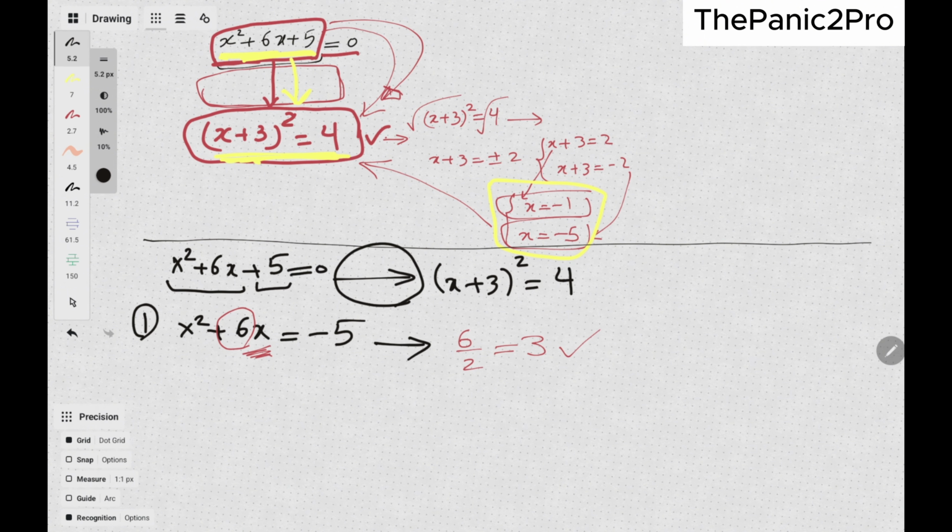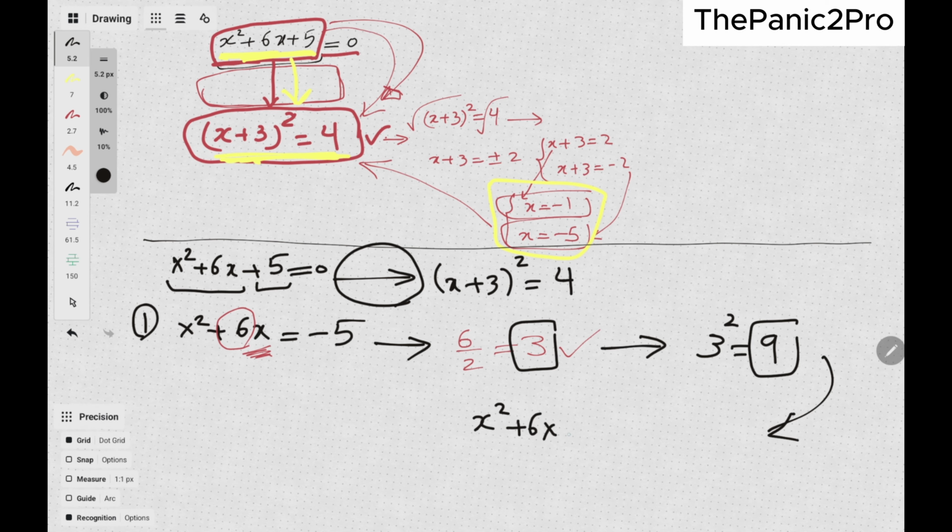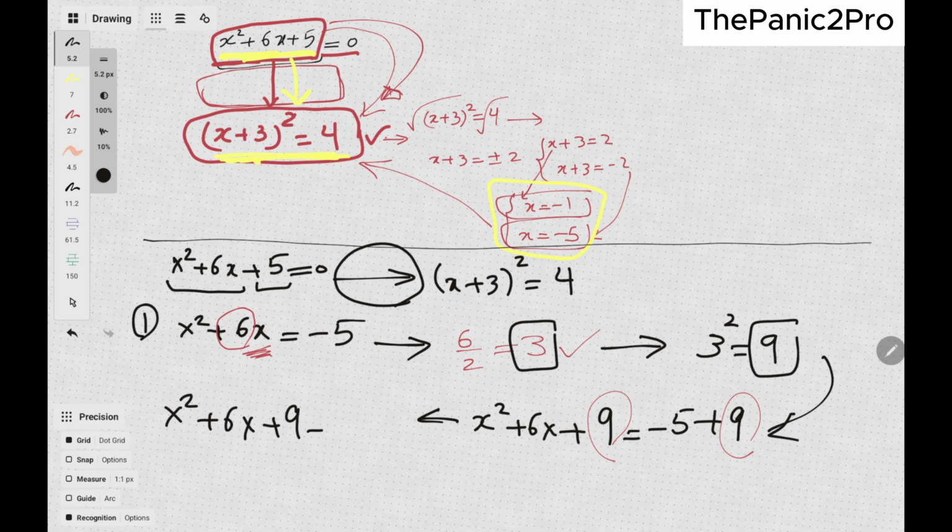Then the next step is to square this. When you square that, the next step is to add this to both sides of the equation. I'm going to add it: x2 plus 6x plus 9 equals minus 5 plus 9. I'm adding that number to each side. The next step is to simplify that: x2 plus 6x plus 9 equals plus 4.